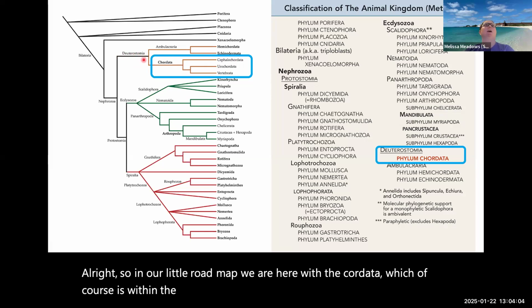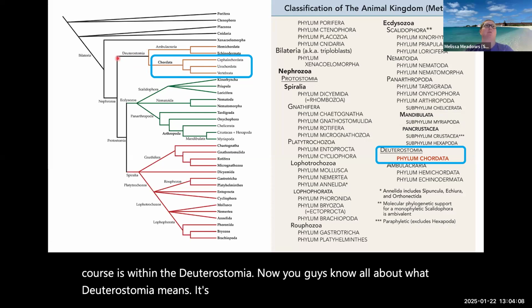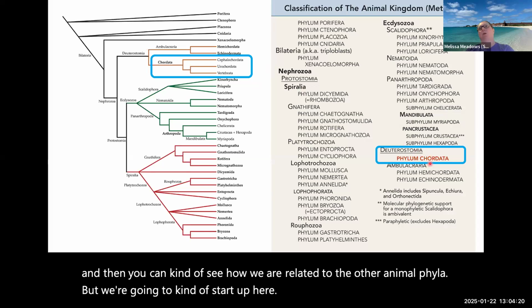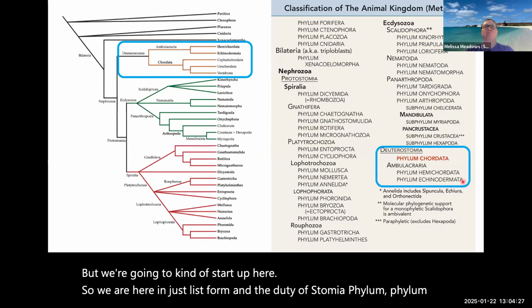Now you guys know all about what Deuterostomia means. It's referring to our deuterostomous development. And then you can see how we are related to the other animal phyla. But we're going to start up here. So we are here in just list form in the Deuterostomia, phylum Chordata.